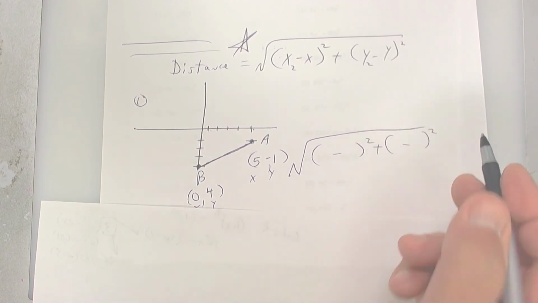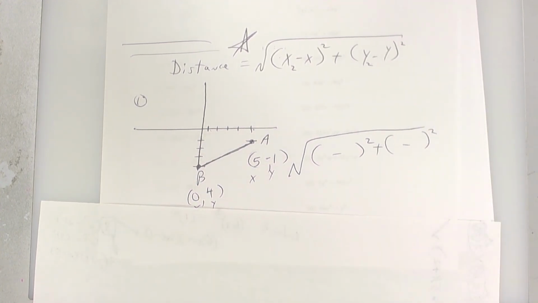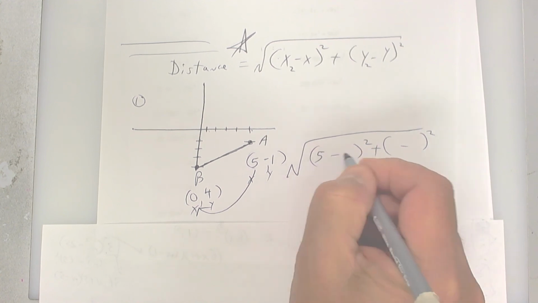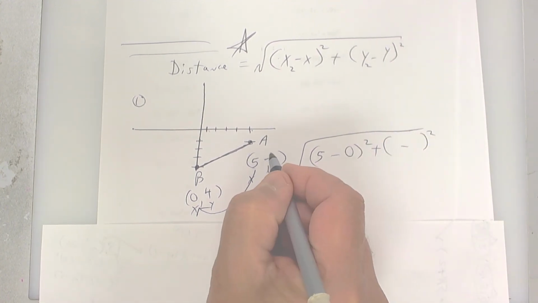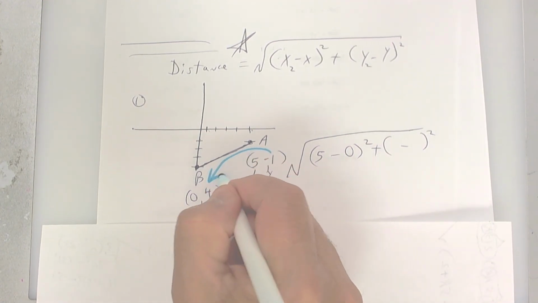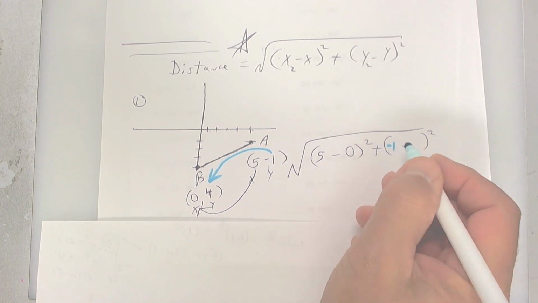Every time you do it, I want to see that. Now I'm going to go backwards because that's the way most teachers teach. So take your x's, put a 5 and a 0. Take your y's, and we use a different color for the y's here. Put a -1 and a 4.